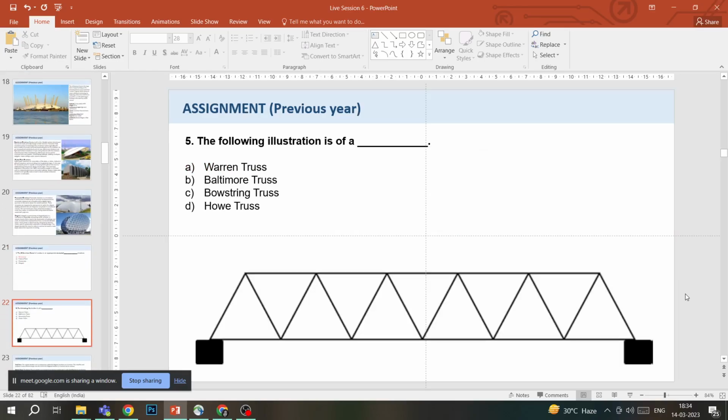Now next, question number 5. The following illustration is of what? They have mentioned 4 kinds of trusses and they have given one image.